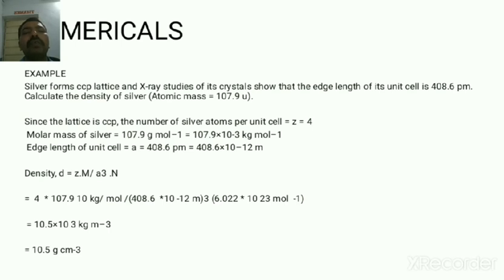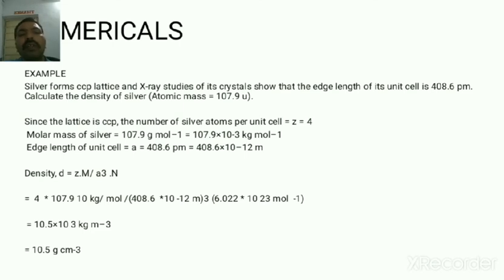Atomic mass is equal to 107.9 u. Here the lattice is CCP, which means the number of silver atoms per unit cell Z is equal to 4. Molar mass 107.9 gram per mole. Edge length is also given, 408.6 picometer. We have to calculate density.